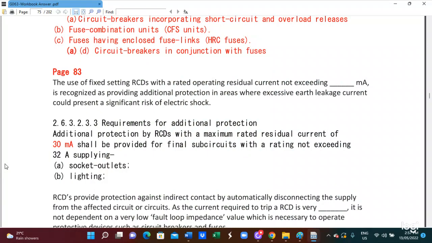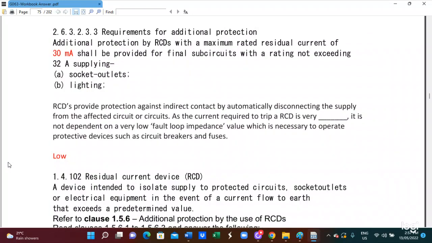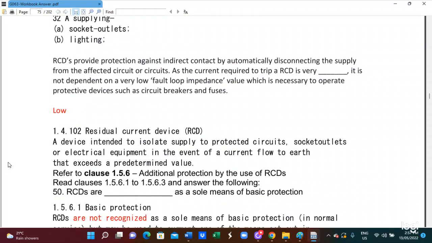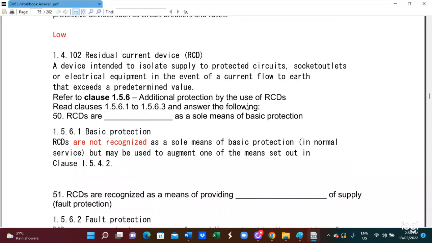So this is a requirement for additional protection, also an important aspect, because a maximum rated residual current of 30 milliampere can be provided for the final circuit. And also the lowest residual current by RCD. The RCD is a device intended to isolate the supply to protect the socket outlet or electrical equipment in the event of current flow to earth, where the AC value is determined.